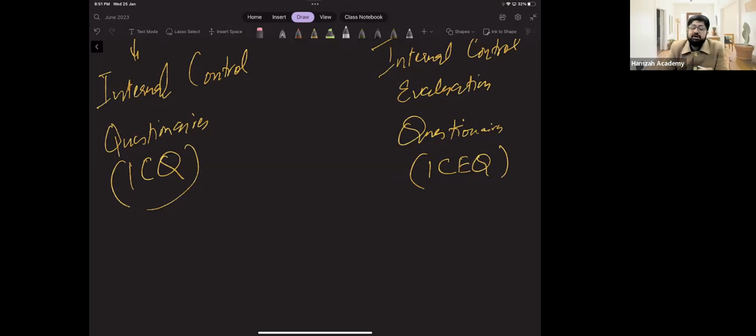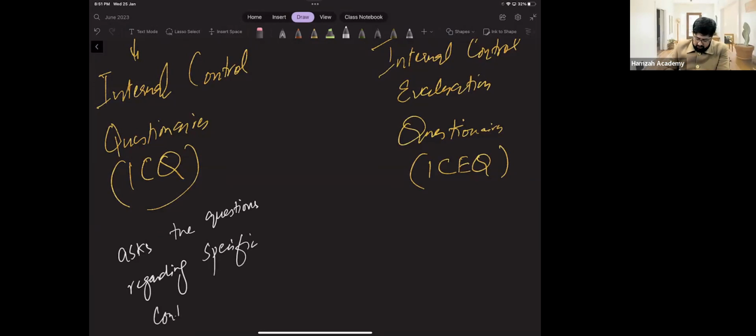ICQ, the internal control questionnaire. They ask questions regarding whether specific controls exist or not. Exist means implemented. Whether they have been implemented or not.